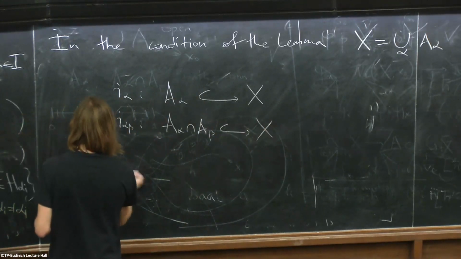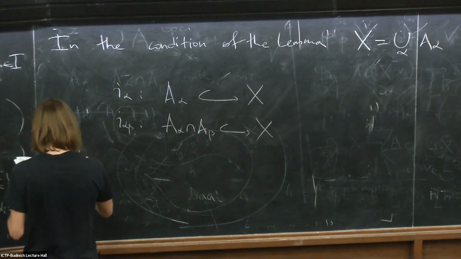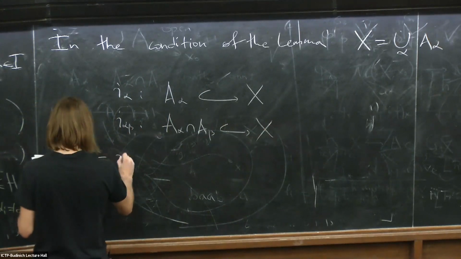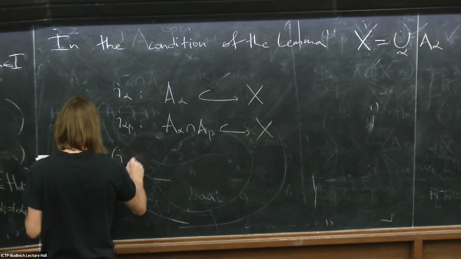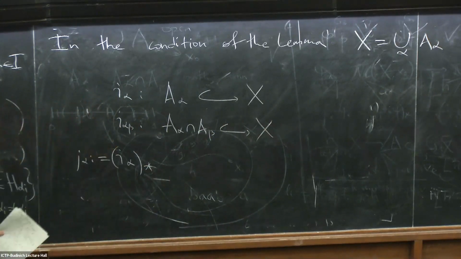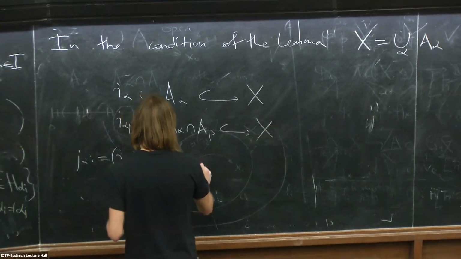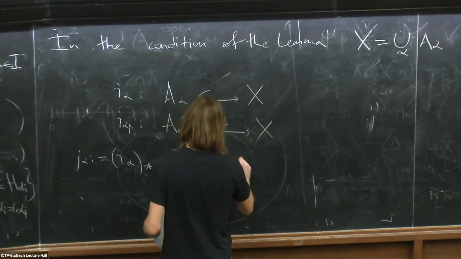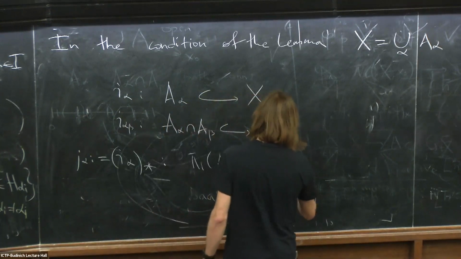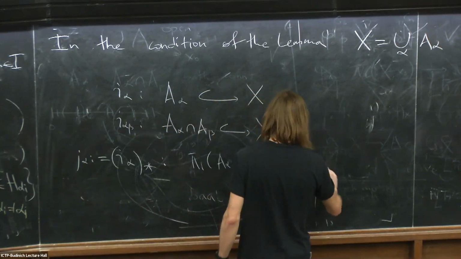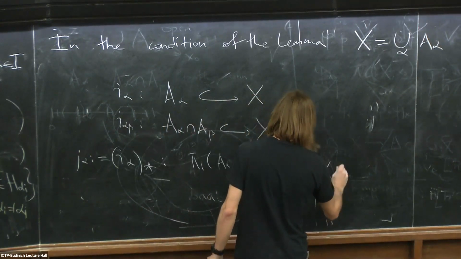Then let me denote by G alpha, just to make things more compact, the push forward of I alpha. So this will be a map from pi 1 of A alpha, X0 to pi 1 of X, X0.